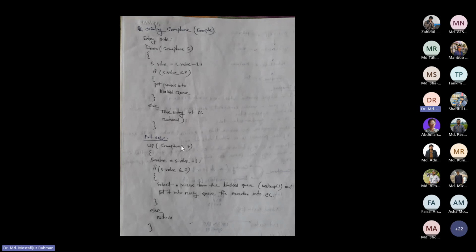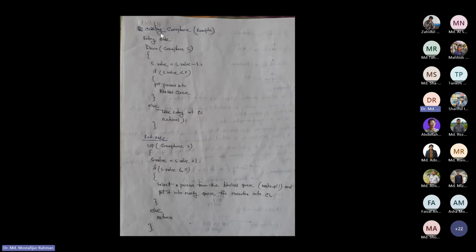Once a process completely executes, it goes to the exit section. After execution, once a process exits from the critical section, it increases the value of the semaphore.